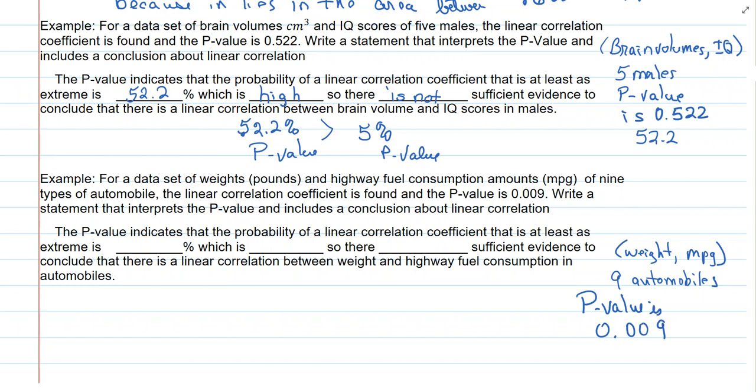The probability of a linear coefficient that is at least as extreme as, and remember we move it over two spots and then add the percent, 0.9%, which is very low, right? It is very low.